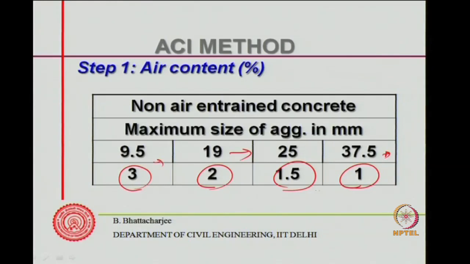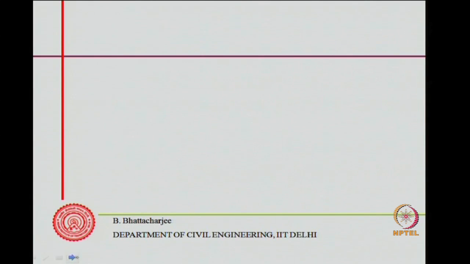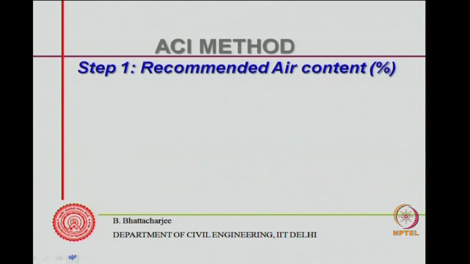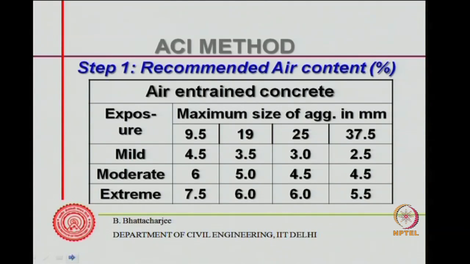So air content actually reduces, and that is what is given for non-air entrained concrete. For air entrained concrete, however, this will be much higher, and that would depend upon the dosage of the air entrainment. Now, it is suggested that there is a minimum recommended air content for different exposure conditions.